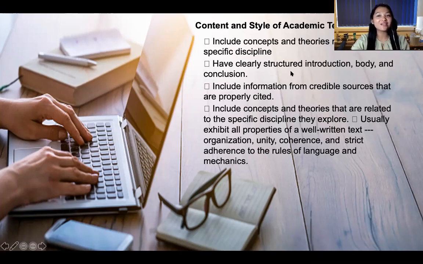Then it has a clear structured introduction, body, and conclusion. It includes information from credible sources that are properly cited. Credible sources meaning sources that are referred, for example, journal articles, research, books, okay?